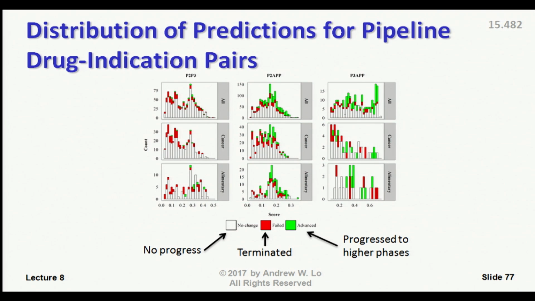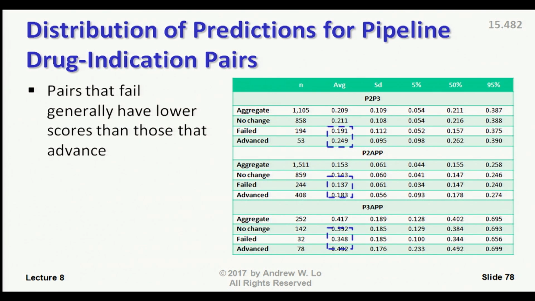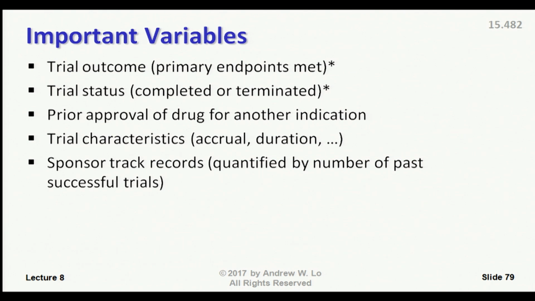And I won't take you through this, but I want to just show you the bottom line, which is that if you look at what variables matter, what are the features that come up most often that are being selected, it's the trial outcome. Have you met your endpoints? That's obvious. Trial status, is it completed or terminated? Prior approval of the drug for another indication, that's huge, not surprisingly.